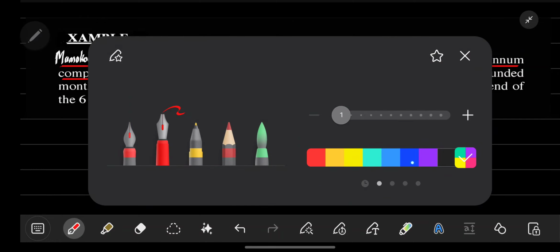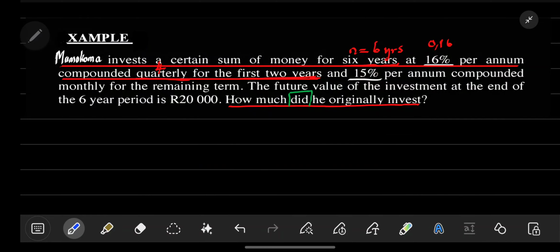Now let's transition to the blue one. It says 15% per annum, so we are on the blue transaction now. 15% per annum compounded monthly for the remaining term. So what is the remaining term, guys?